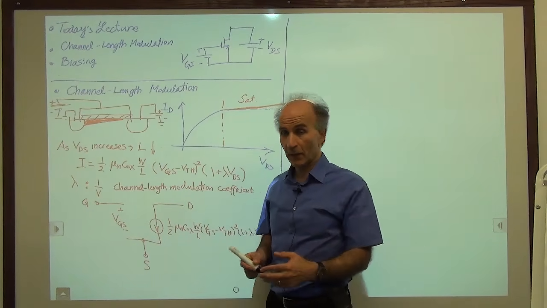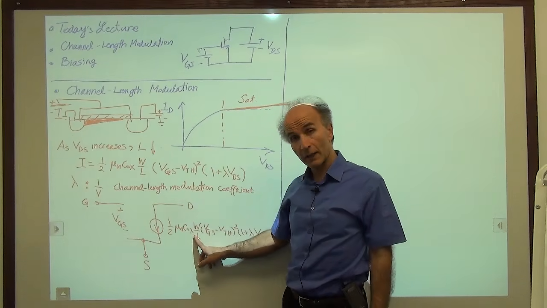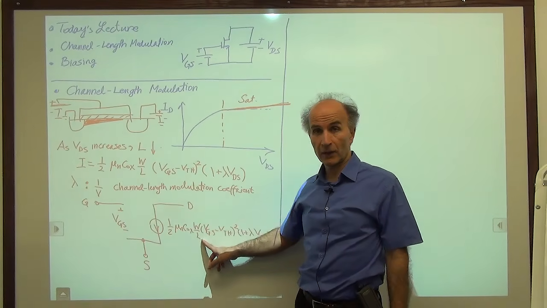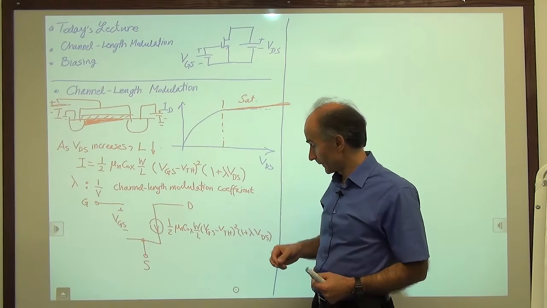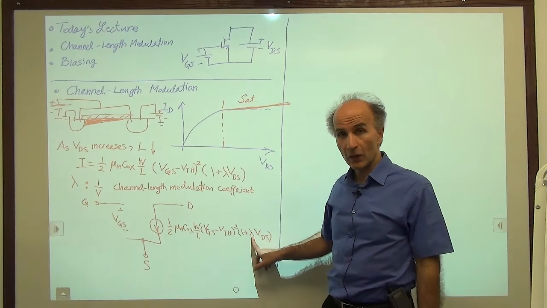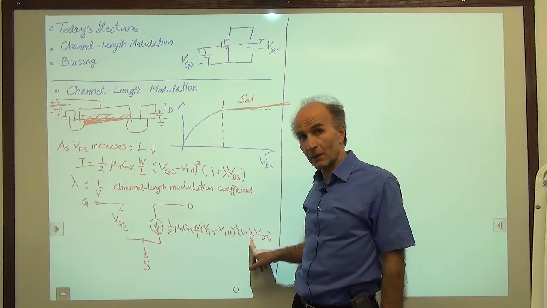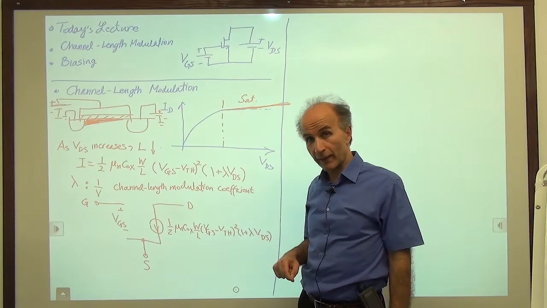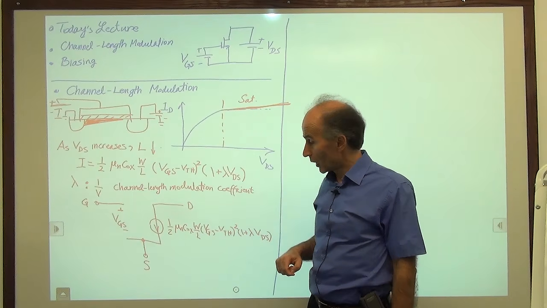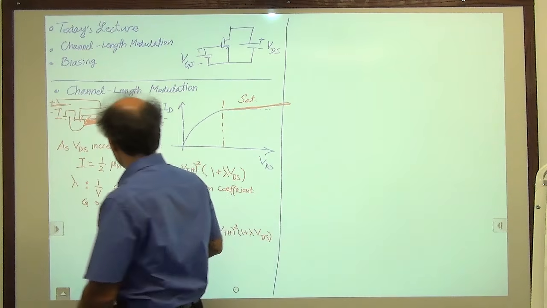If you are given a MOS device, usually you are given mu and C ox. Then W and L are things that you can choose if you want to design the MOS device. You pick some W, some L. And lambda is also a known quantity for the technology at hand. Okay, this is what we call channel length modulation.